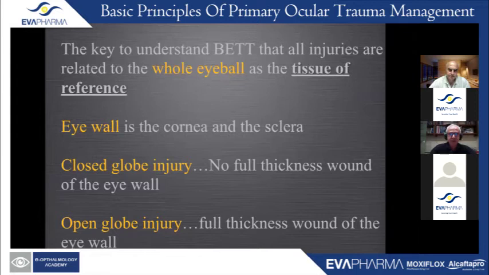The eye wall involves the cornea and the sclera. In closed globe injuries, there is no full thickness wound of the eye wall, so the eye wall is absolutely intact. In open globe injuries, there is a full thickness wound of the eye wall, so the eye wall has been breached.